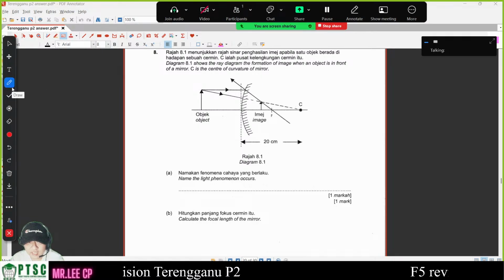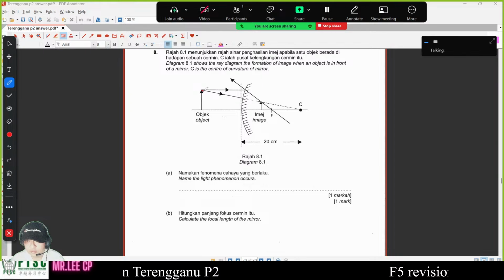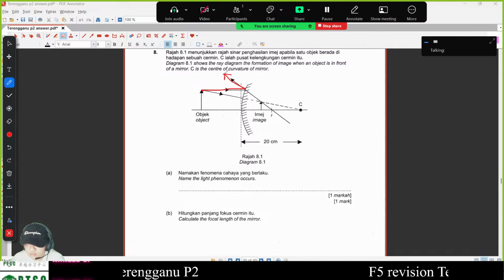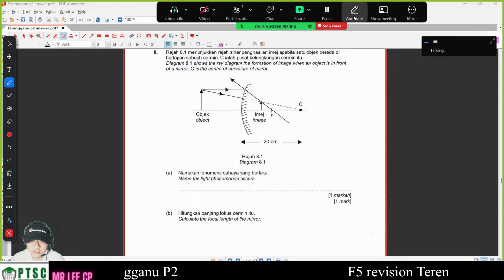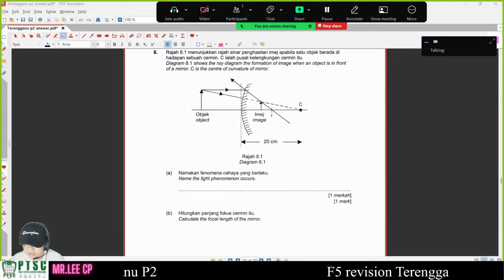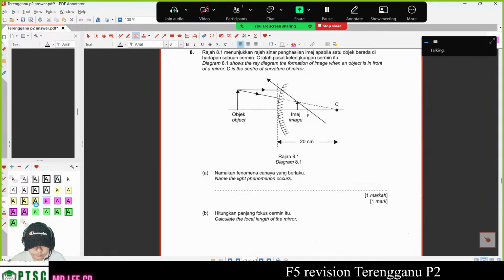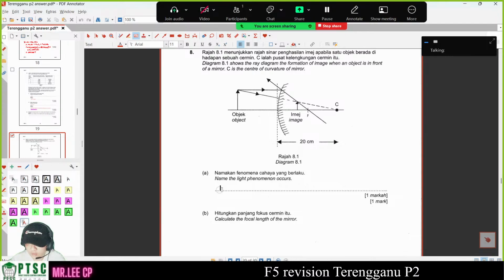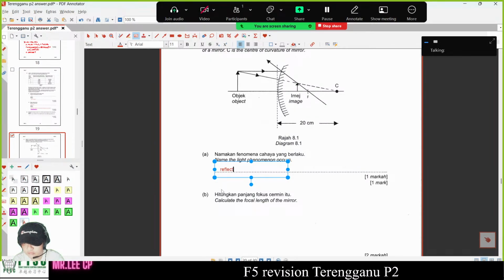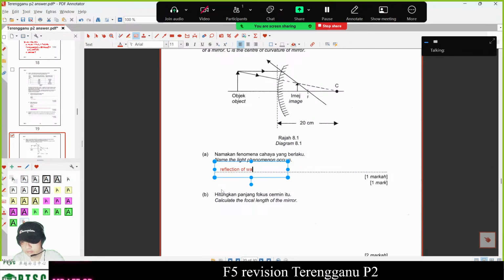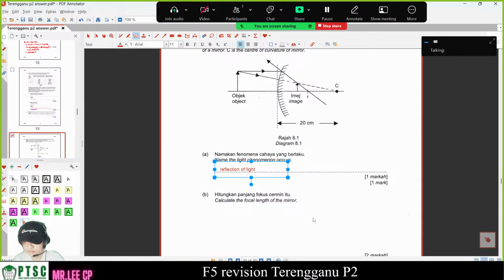The light comes in here, from here to here. What is this called? This is called reflection of light.